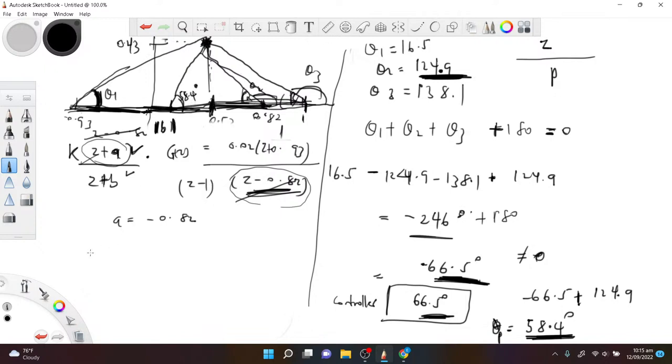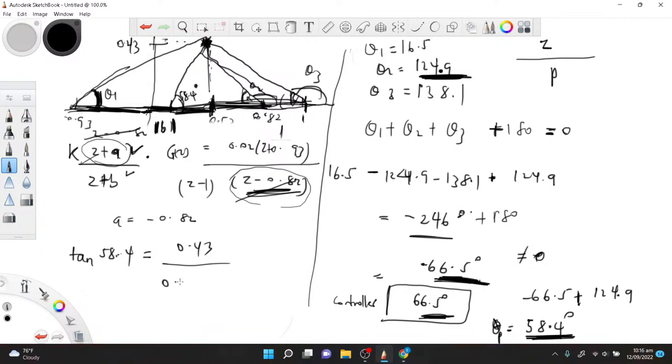I'll just use the same tan as I was doing. Tan 58.4 should be equal to opposite, 0.43, over adjacent, the value here.